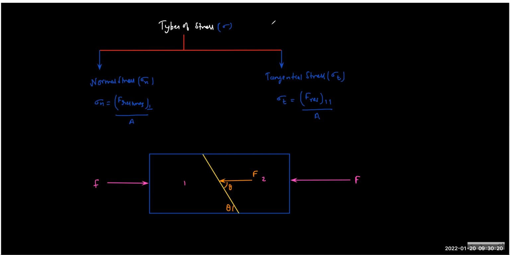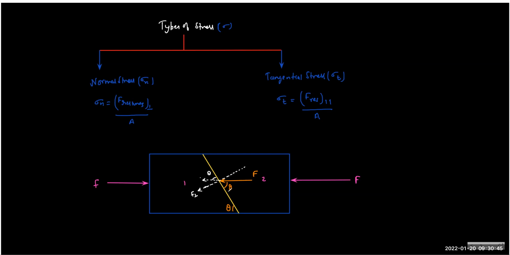So if I draw the normal to this point, this force will have a component in this direction. This is how much?